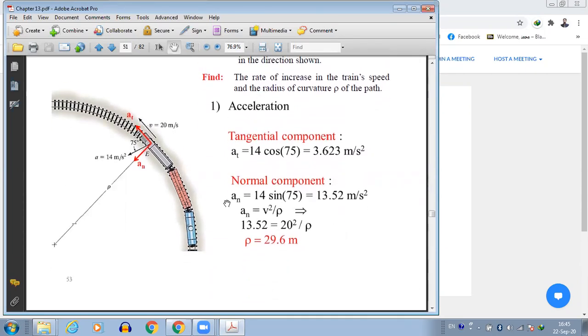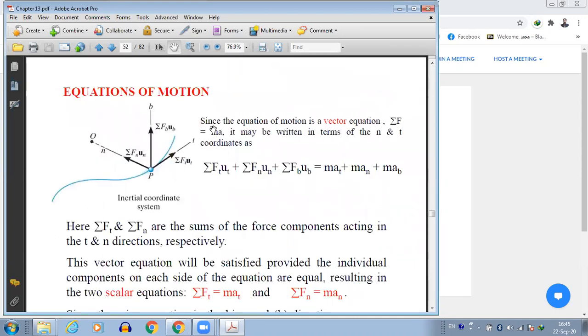Let's move ahead. Equations of motion. In the same way, when we were talking about the rectangular coordinate system, we had summation Fx equals max, summation Fy equals may, summation Fz equals maz.